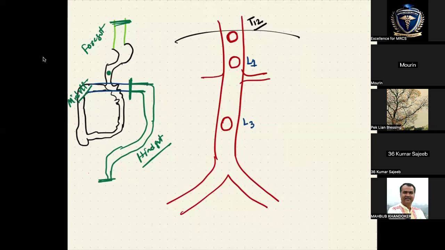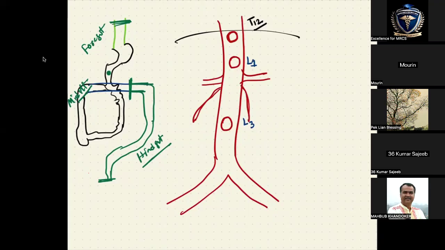Is the right kidney higher or lower than the left one? So this is the renal artery, number 1 and number 2, and just below this you will get the testicular arteries, right and left.